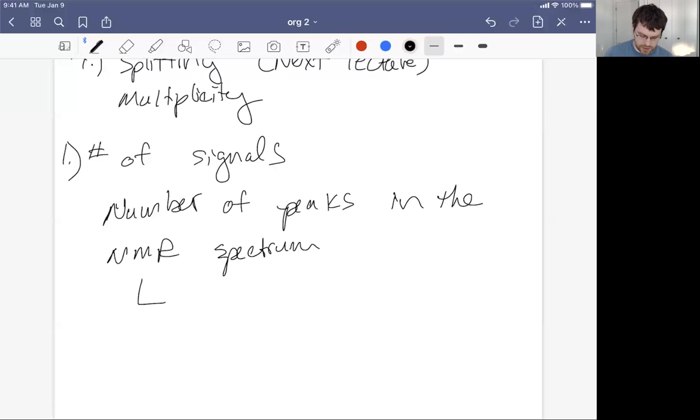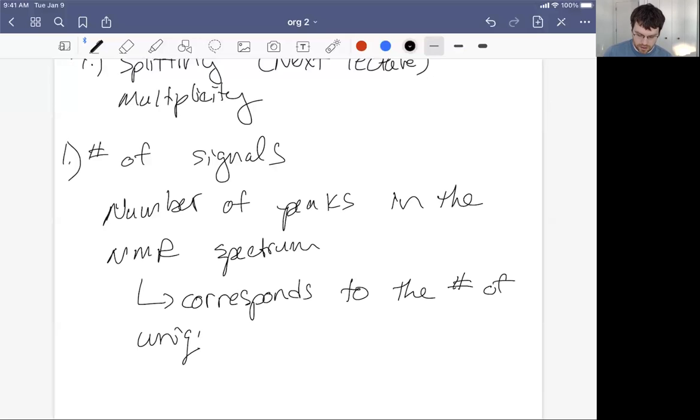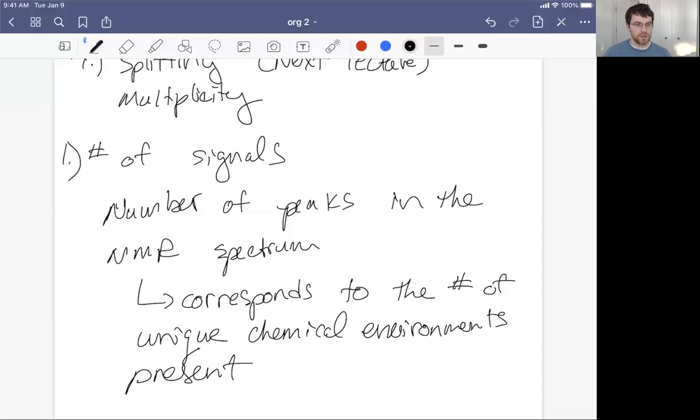What this does is this tells us, or corresponds to, the number of unique chemical environments present. The number of unique chemical environments present. Okay, so let's do an example of one.